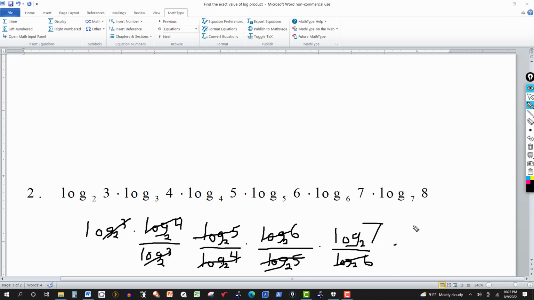Log of 8 to base 7, I'm going to change the base on that one also. So this will be the log of 8, again changing it to base 2. That means in the denominator, I have to have a log of the previous base to whatever base I picked. I picked 2 again here. So I get the log of 7 to base 2. Over here, log of 7 to base 2. These divide out.